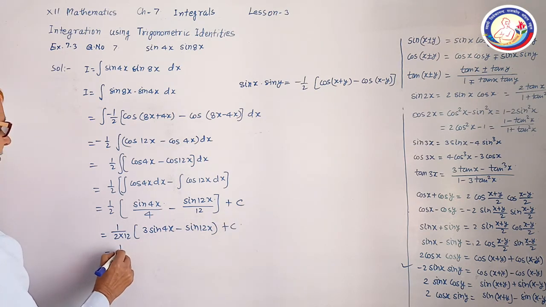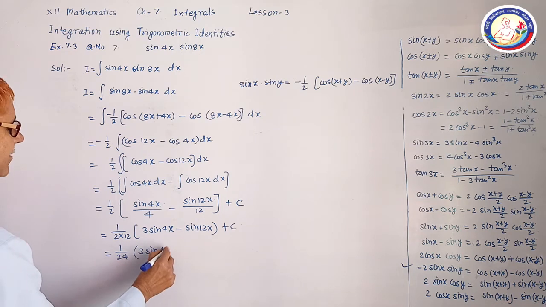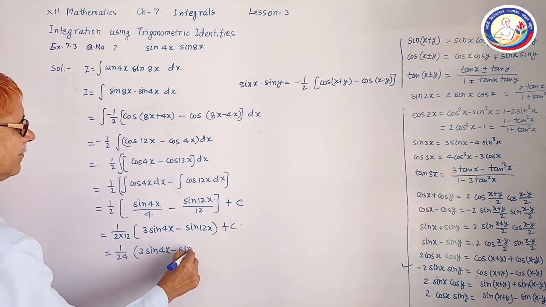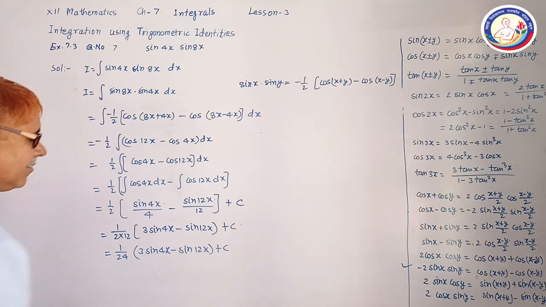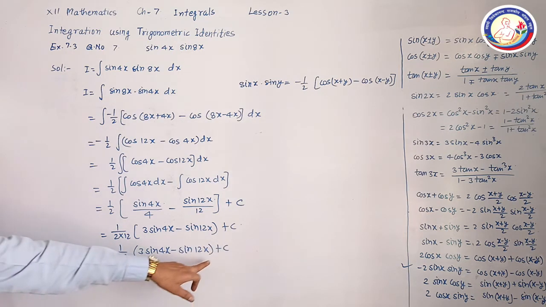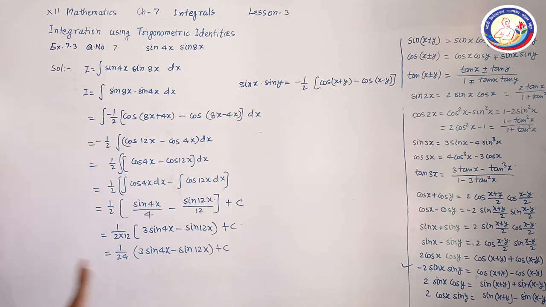So 1 by 24 thrice sine of 4x minus sine 12x plus c. Or you can arrange this in the required form as we are given in the answer.